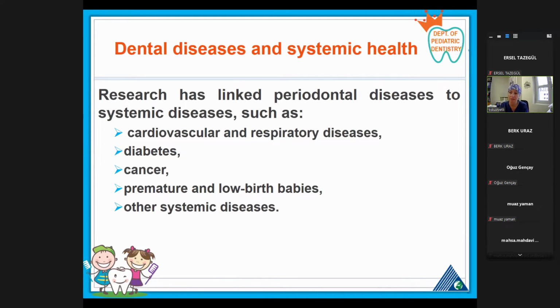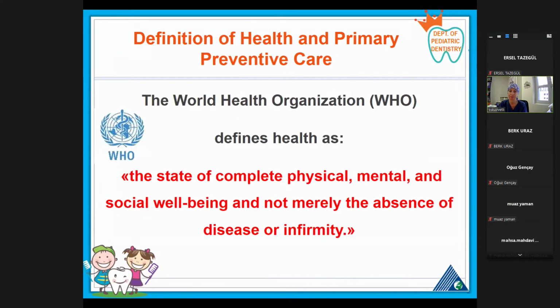And this periodontal disease usually causes these types of systemic diseases. And research has linked these diseases with periodontal disease. So when we talk about oral health, we talk about healthy teeth and healthy periodontium. That's why I try to relate these to prevention.